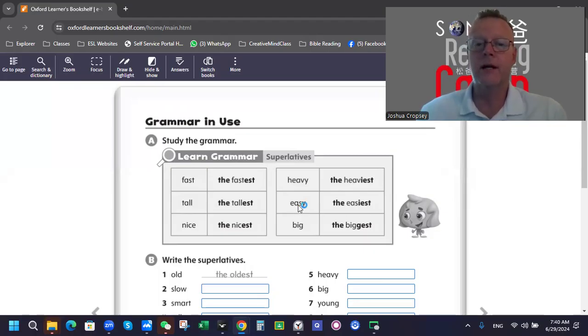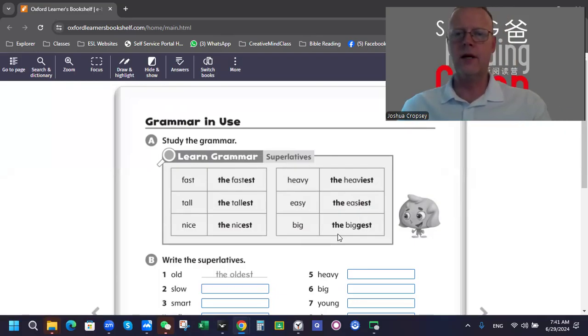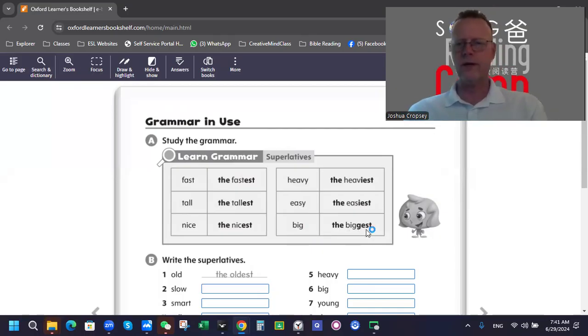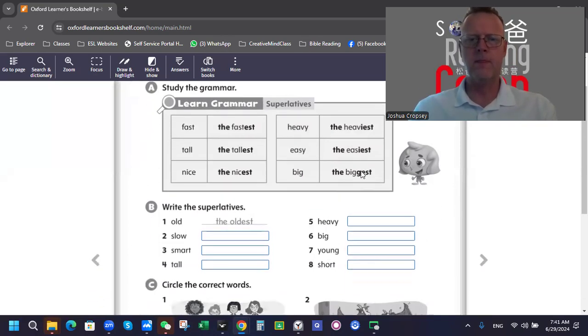Same thing's going to happen on easy, the easiest. You can see that Y changed to an I. Big, the biggest. All right, when you have a three-letter word like that with a vowel consonant on the end, you got to double the consonant and then add EST. I know, English is weird.